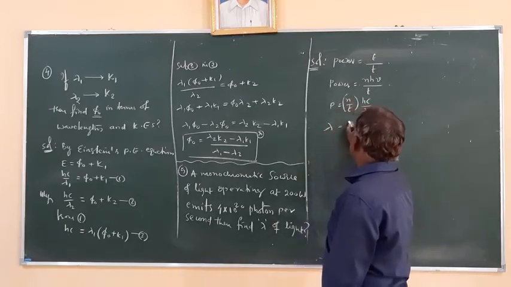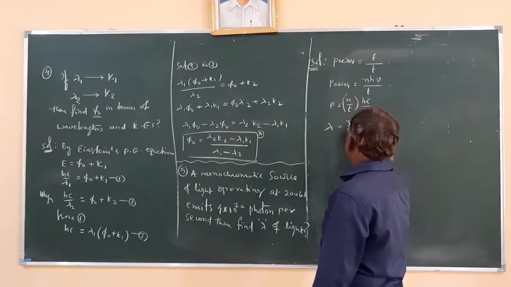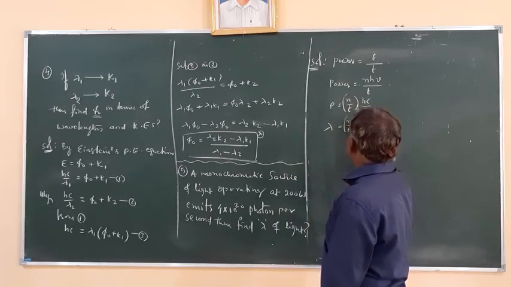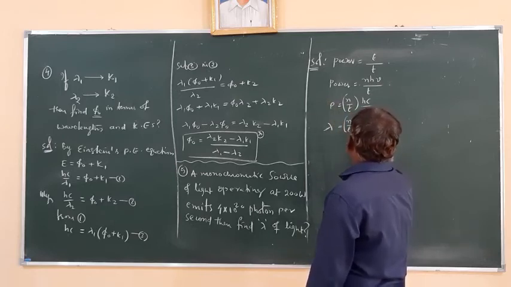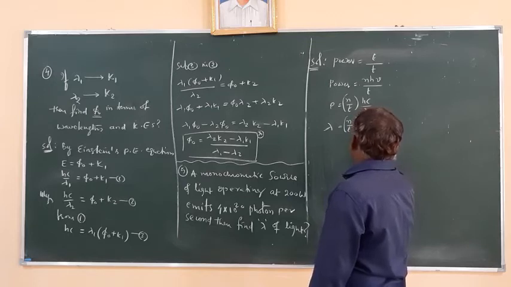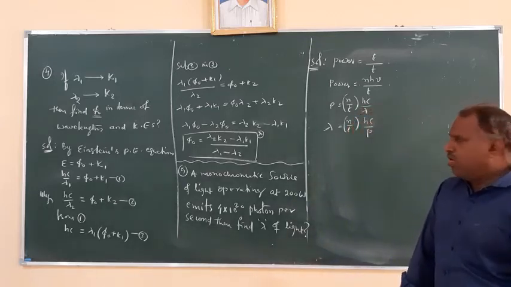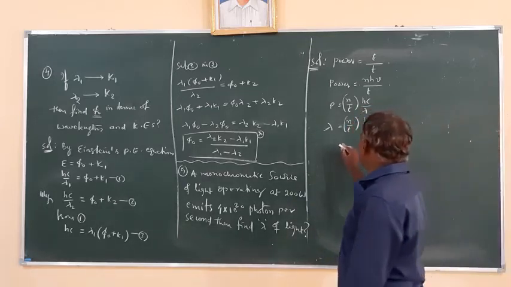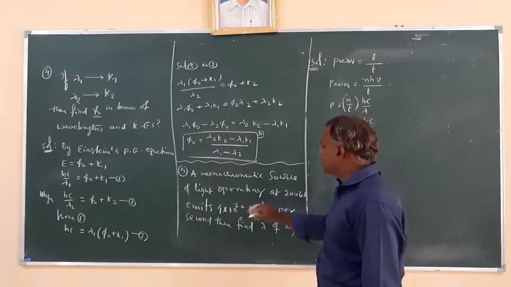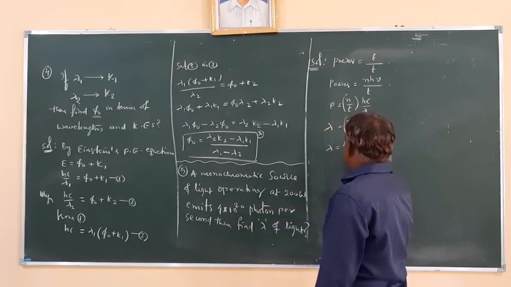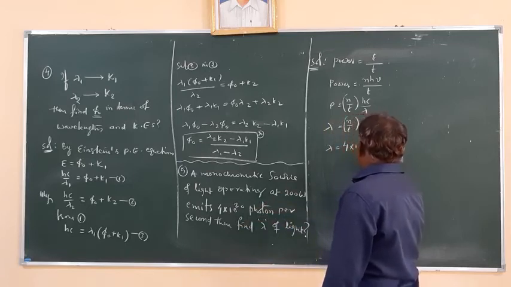So lambda is equal to n by t into hc upon P. Lambda comes to this side, and power goes to that side. Now lambda is equal to n by t, and n by t is 4 into 10 power 20, into hc.